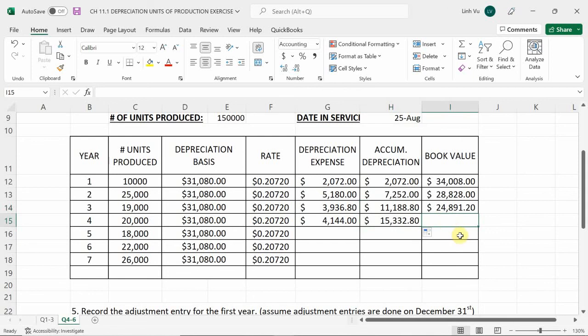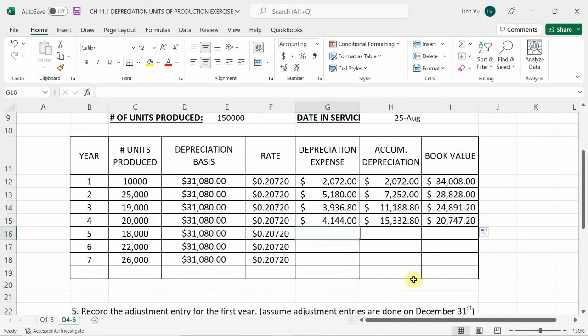So in this case, what is my book value at the end of year 4? $20,747.20. Excellent.